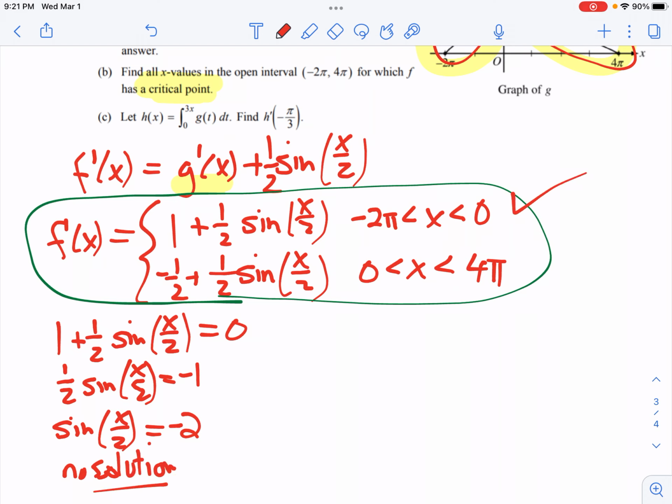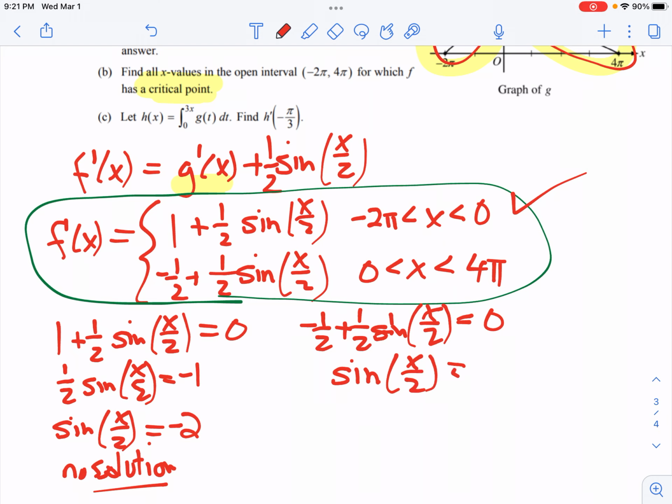For the second part, I'm going to put a check there because I've got that done. -1/2 plus 1/2 sine x over 2 equals 0. I'm going to unwrap it and divide by 1/2. Double check, but I get sine of x over 2 equals 1. So that means I'm going to take the inverse sine of both sides.